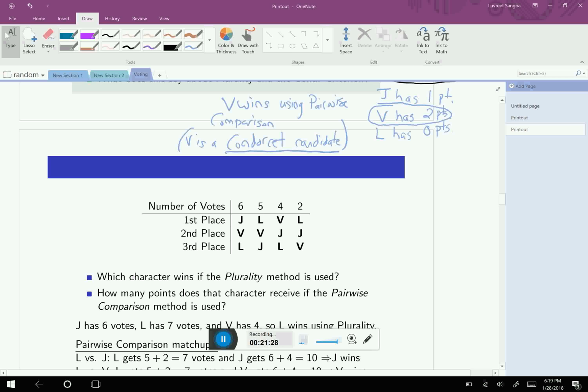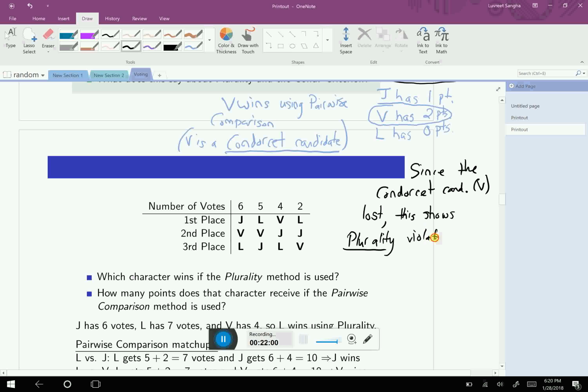So let me write that down. So since the Condorcet candidate lost, and the Condorcet candidate was V, so since the Condorcet candidate V lost, this shows that plurality violates the Condorcet criterion.